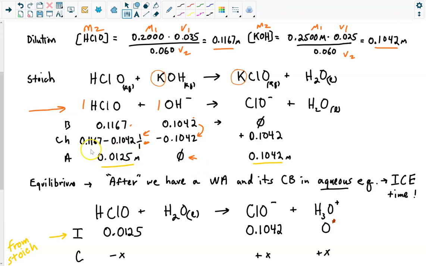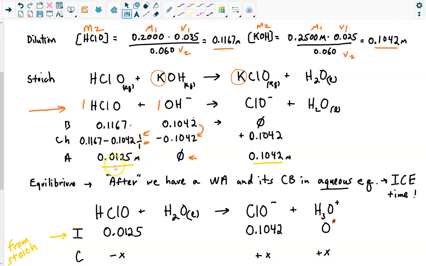And then you end up with the HClO concentration, right? This is going to be neutralized. This 0.1167 molar is going to be neutralized until the KOH runs out. So you end up with that concentration minus the concentration of KOH that gets used up in a 1-to-1 ratio. That's what the 1-to-1 there means.